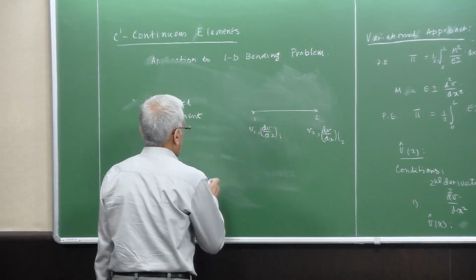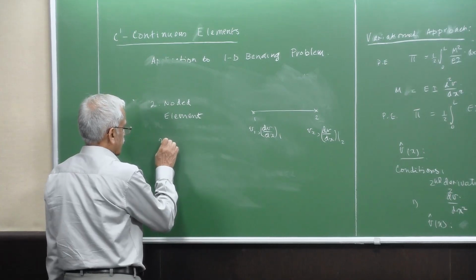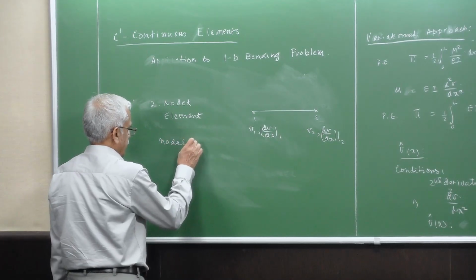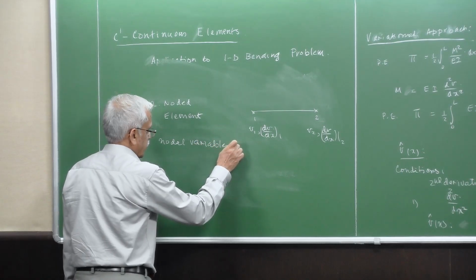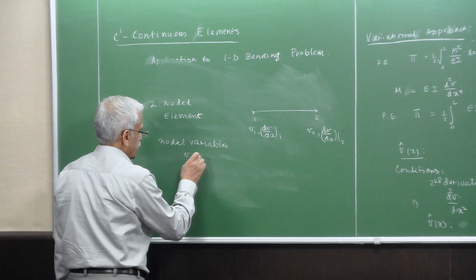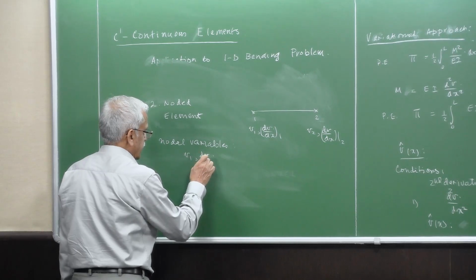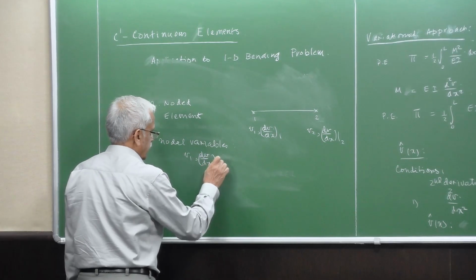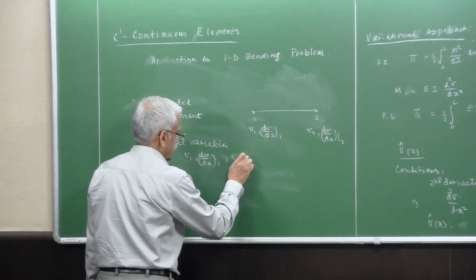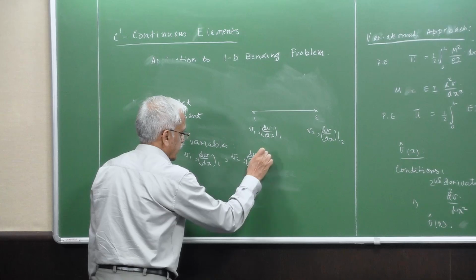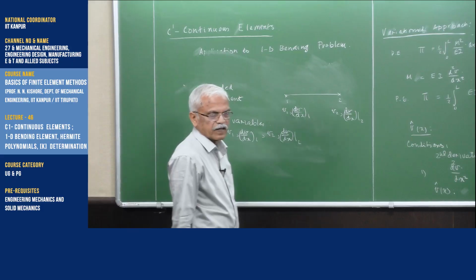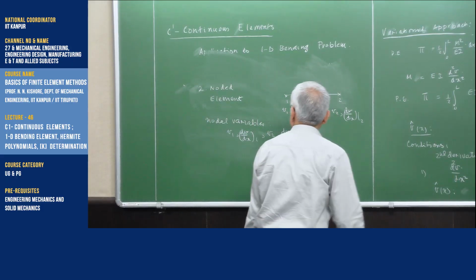So these are the nodal variables: v1, dv by dx at 1, v2, and dv by dx at 2. So these are 4 variables.